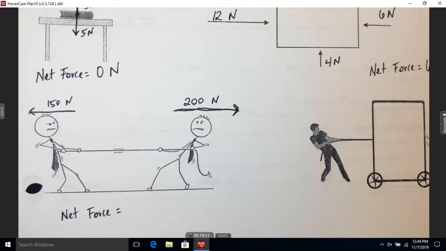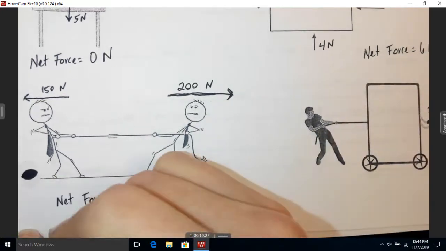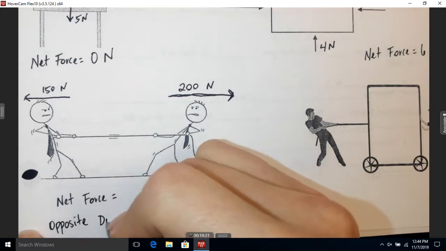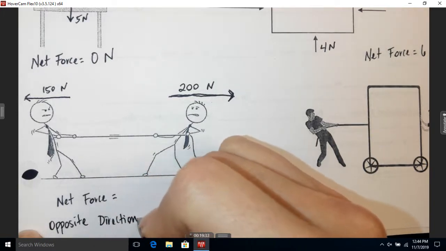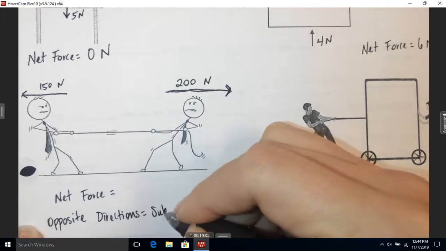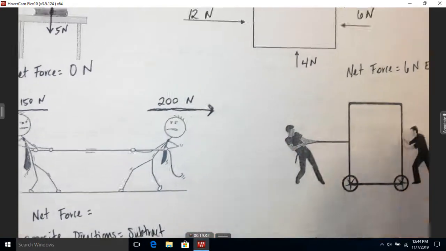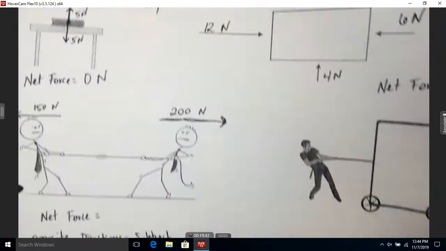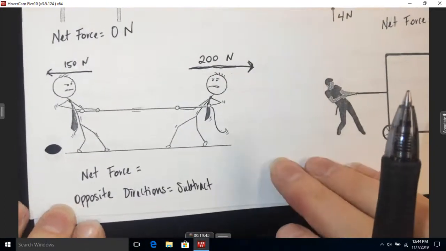Because they're in opposite directions. So every time the forces are in opposite directions, we subtract. So that's what we did over here. 4 minus 4, that's 0. 12 minus 6, that's 6. Okay, so they're not working together, are they?